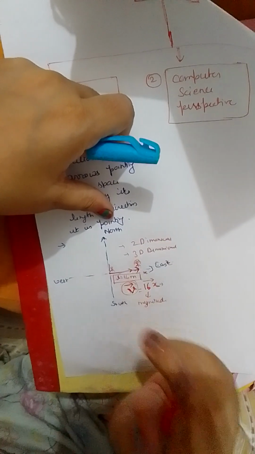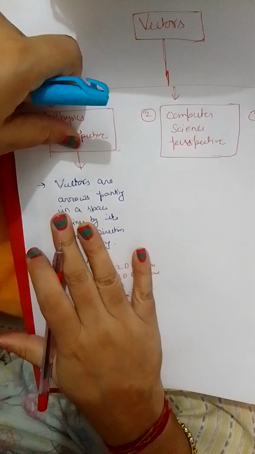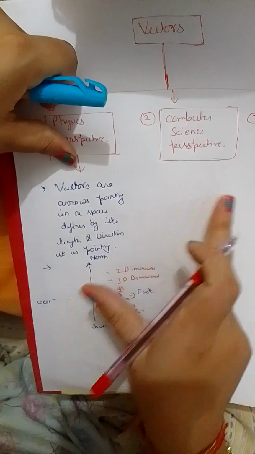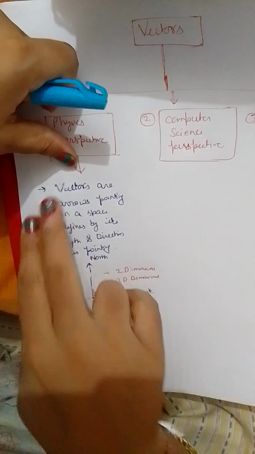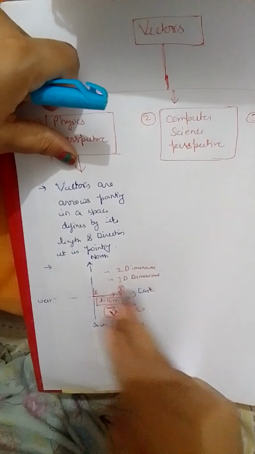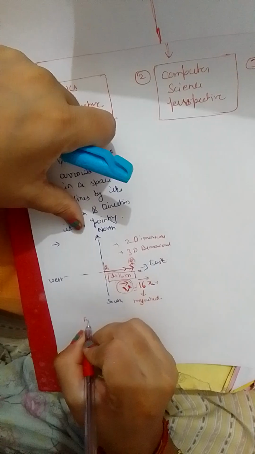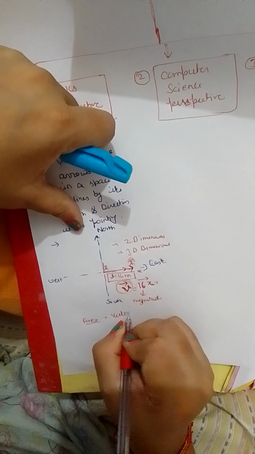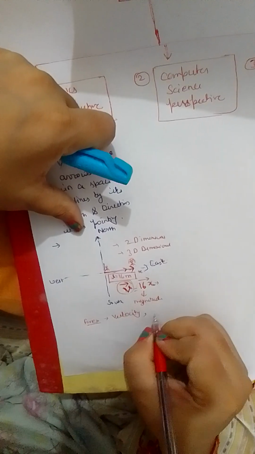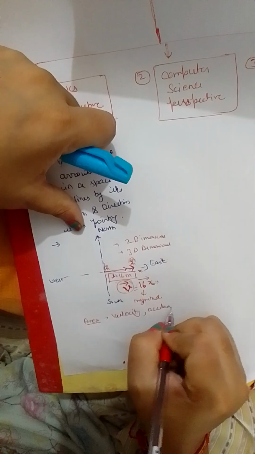So for non-technical students who are learning, there are two terms, scalars and vectors. Scalars only have magnitude, that is 16, but vectors have magnitude and, side by side, direction. For example, velocity, or another example is acceleration.